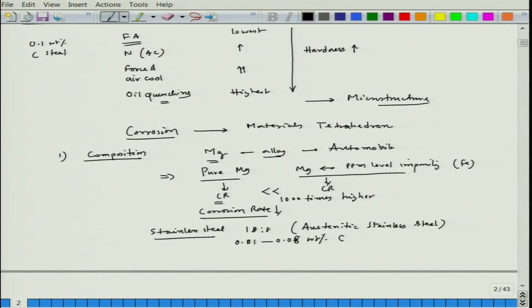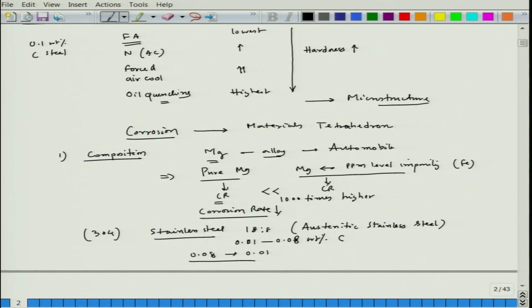In the commercial grade austenitic stainless steel, which is also called 304 stainless steel, the carbon content is around 0.06 to 0.08 weight percent. And there, if we change the carbon content from 0.08 to 0.01, there will be a huge implication on the corrosion rate.